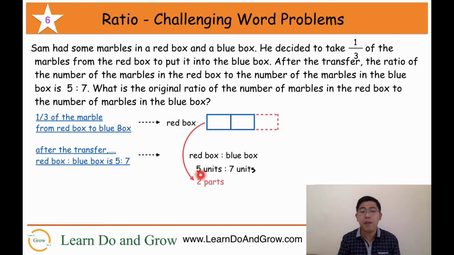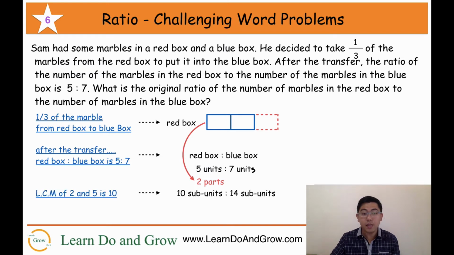Again, they have 5, they have 2, it is very hard to compare, so I had to find the lowest common multiple of these two. In that case, the lowest common multiple of 5 and 2 is 10. In that case, what I'm saying is I subdivide into 10 subunits. And from 5 to 10, how many times increase? Increase by 2 times.